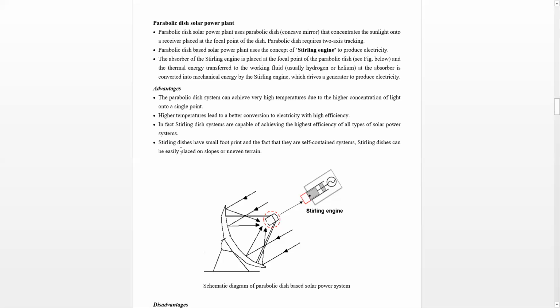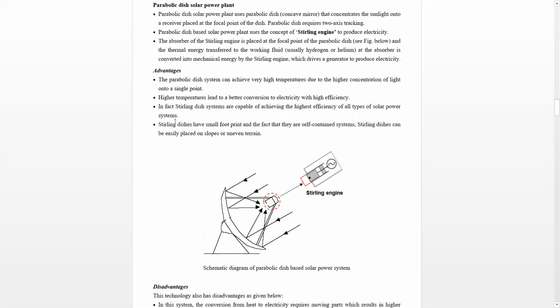Now another major advantage of the parabolic dish system is that Stirling dishes have a very small footprint. Footprint means here you can see that this entire structure needs a relatively small ground area to install this system. Unlike the case of the parabolic trough collector, where we have seen that the collector field is half an acre or half a square kilometer.